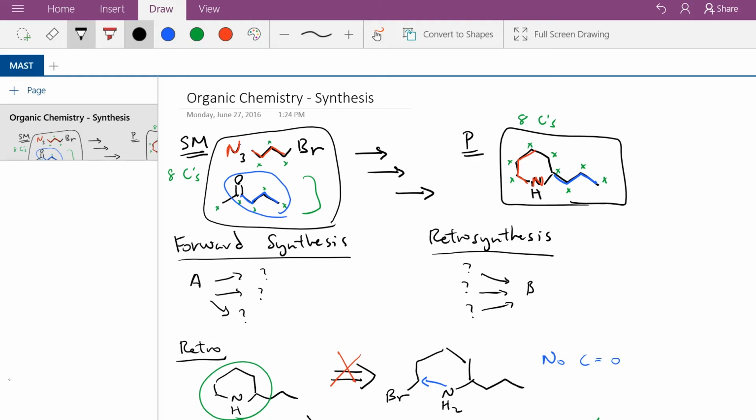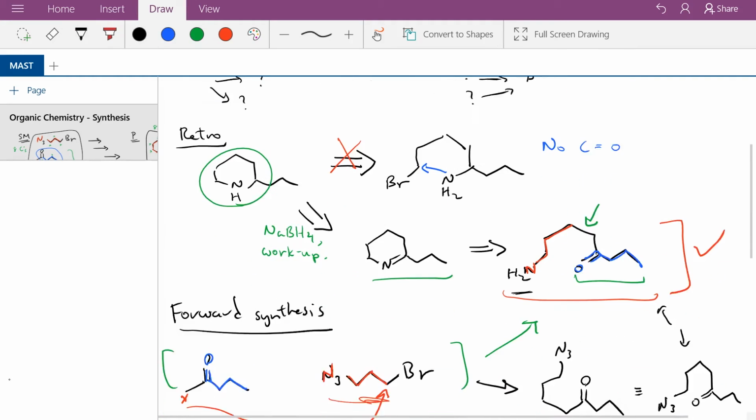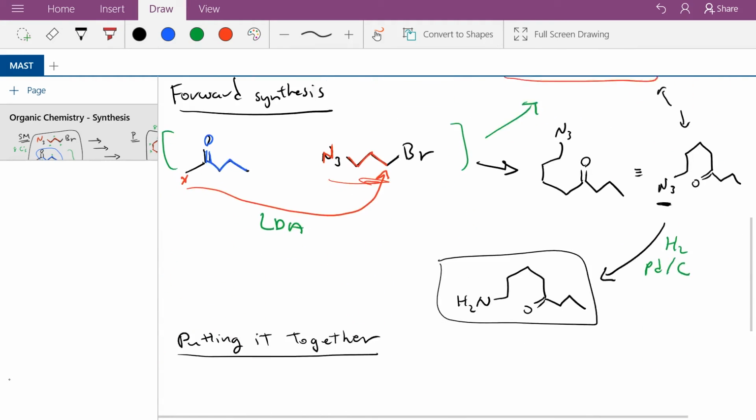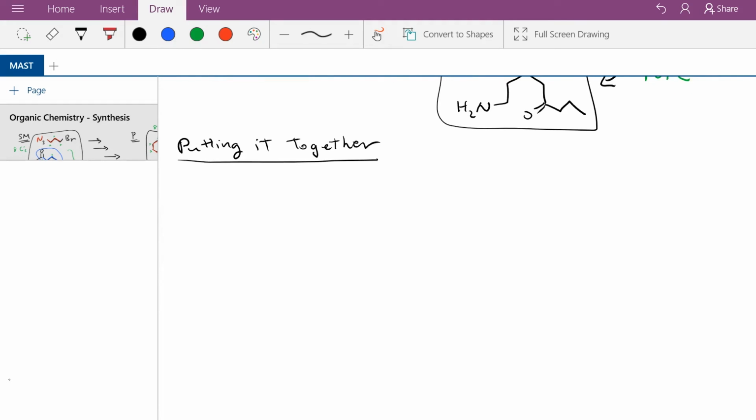And now we're just going to combine all the steps that we've brainstormed for a full synthetic pathway. We first begin with this and this.